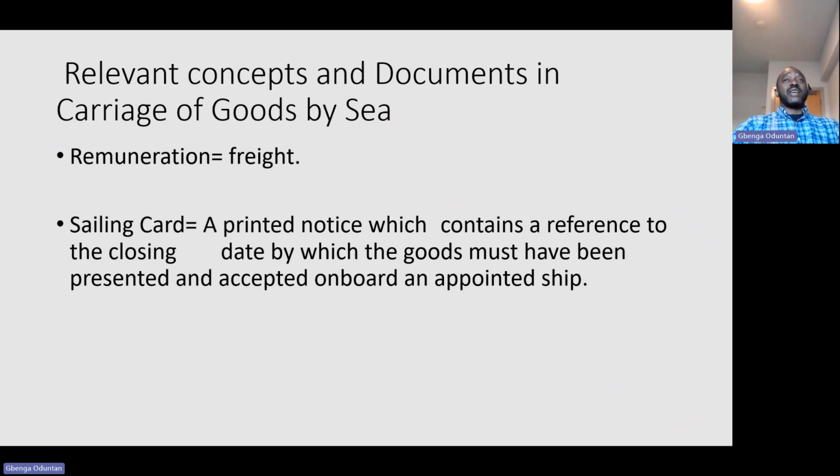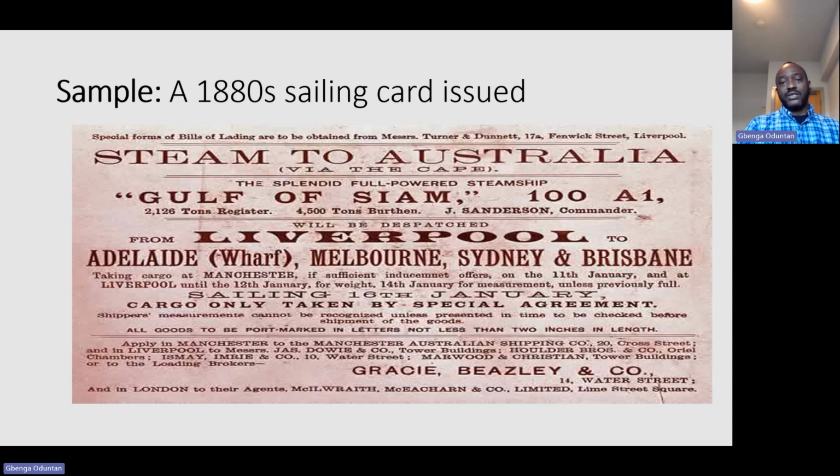These are all, and then from there on, which port will it stop, or which port is it going to directly? All this kind of information is very useful, very necessary, of technical and legal value to shippers. Hence, you will find a few slides on sample sailing cards.